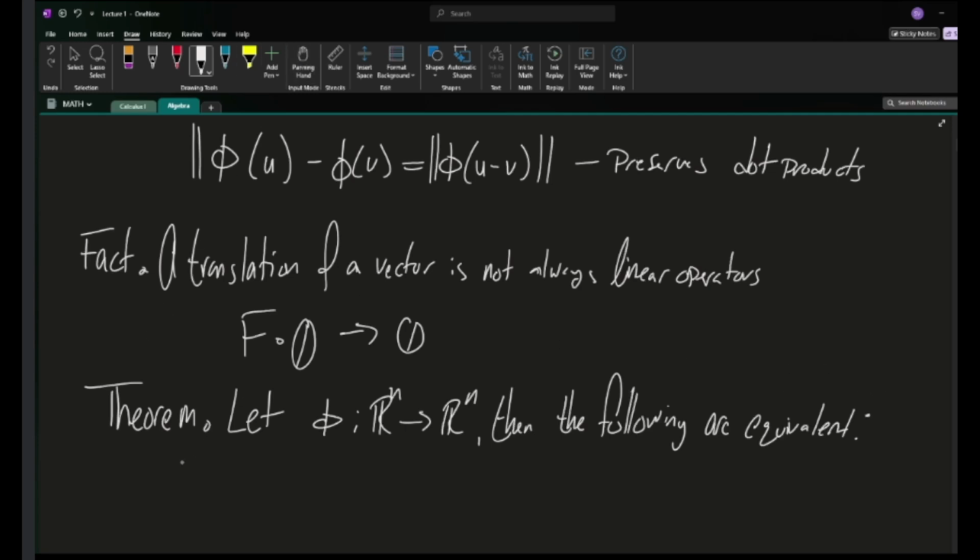Our statement A says that phi is an isometry that fixes the origin.